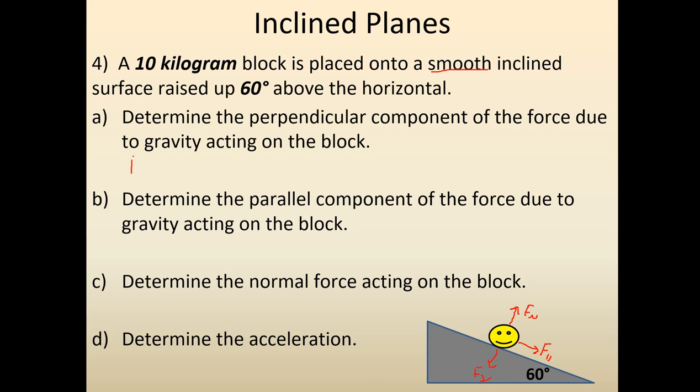Once again, the perpendicular force is Fg cosine. So Fg is going to be 10 times another 10, so 100 newtons times cosine of 60, which means that my perpendicular force is going to be equal to 50 newtons.